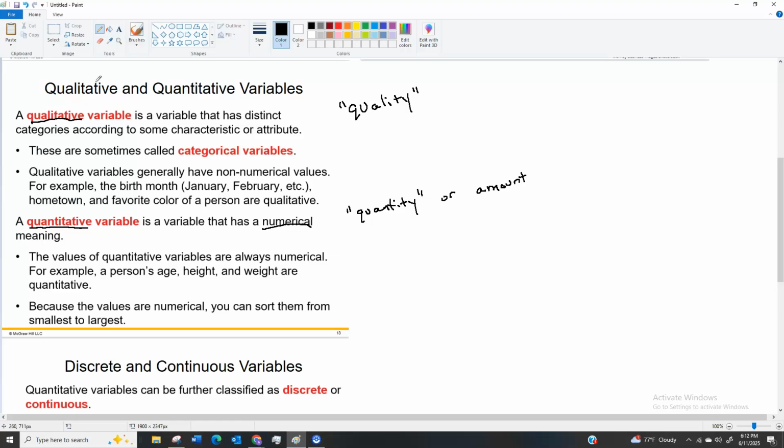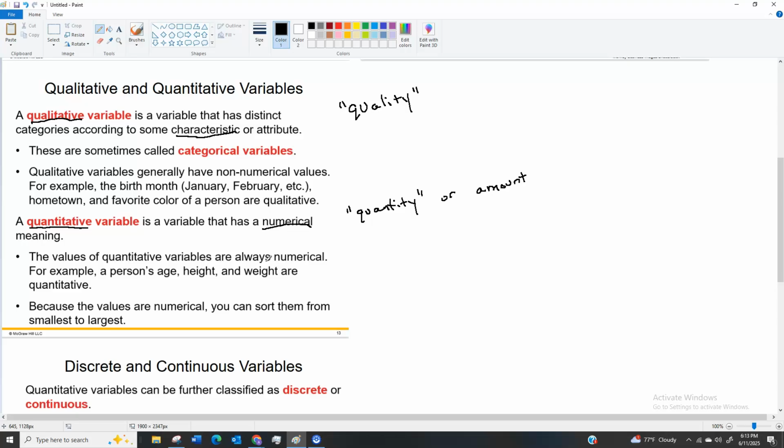Okay, so up here, a qualitative variable is a characteristic, whereas a quantitative variable is a number. It's still describing something about the subject, but it's typically some number value. So for instance, quantitative variables for a person might be their age, their height, their weight, their shoe size, things like that. Things that are numbers that describe the person.